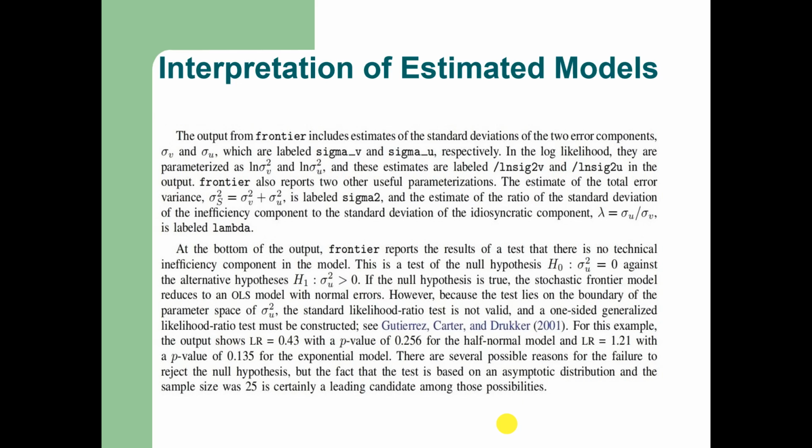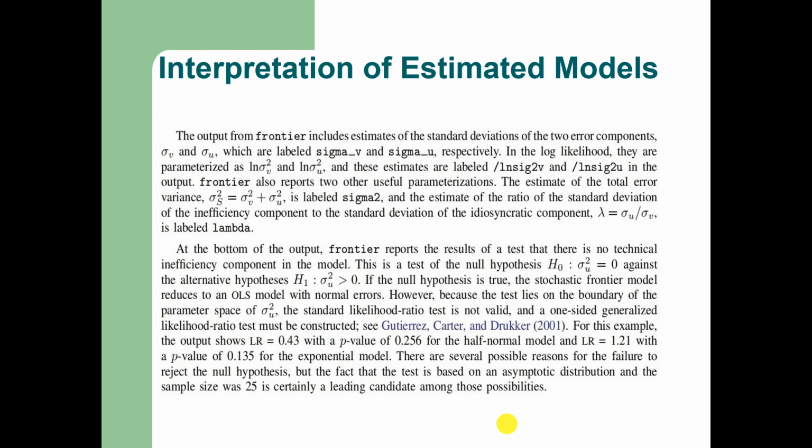In the log likelihood, they are parameterized as natural log of sigma square v and natural log of sigma square u, and these estimators are labeled as /lnsig2v and /lnsig2u in the output. Frontier also reports two other useful parameterizations: the estimate of the total error variance sigma square s, which is equal to sigma square v plus sigma square u, and it is labeled as sigma2.